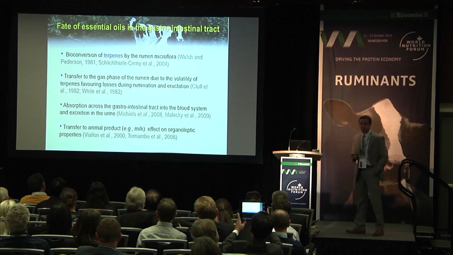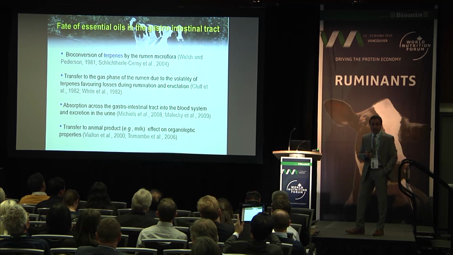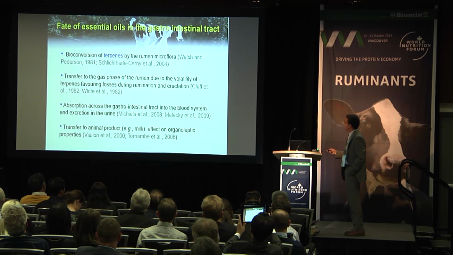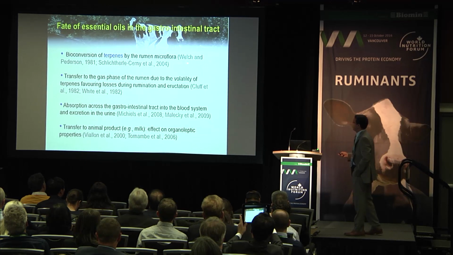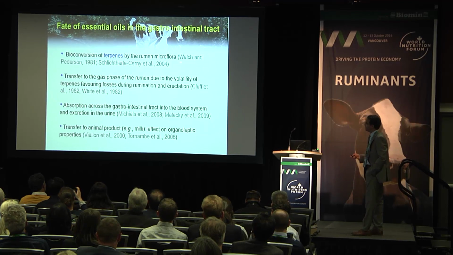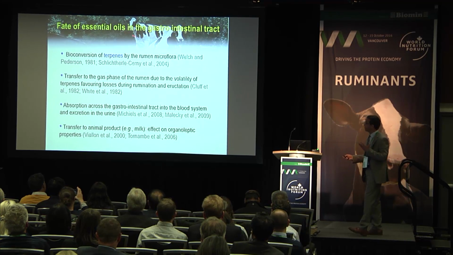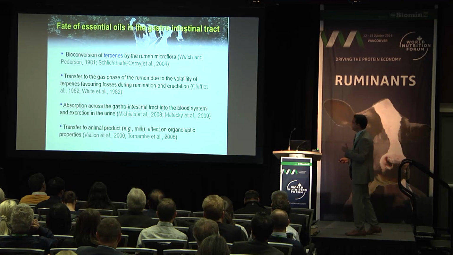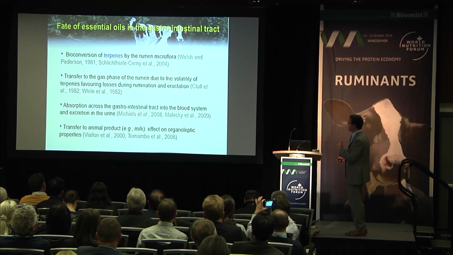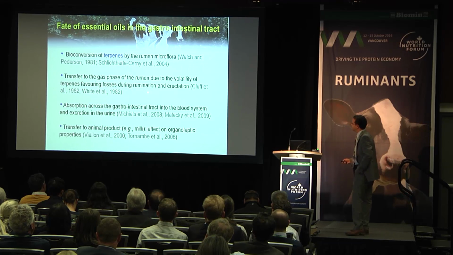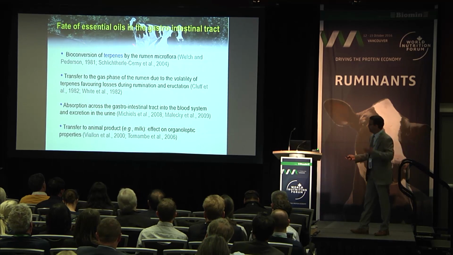Different mechanisms can be used to explain the disappearance of terpenes from the rumen. First, the bioconversion of terpenes by rumen microflora, which has been shown in different studies. Second, the transfer to the gas phase of the rumen due to the volatility of terpenes, favoring losses during rumination and eructation.